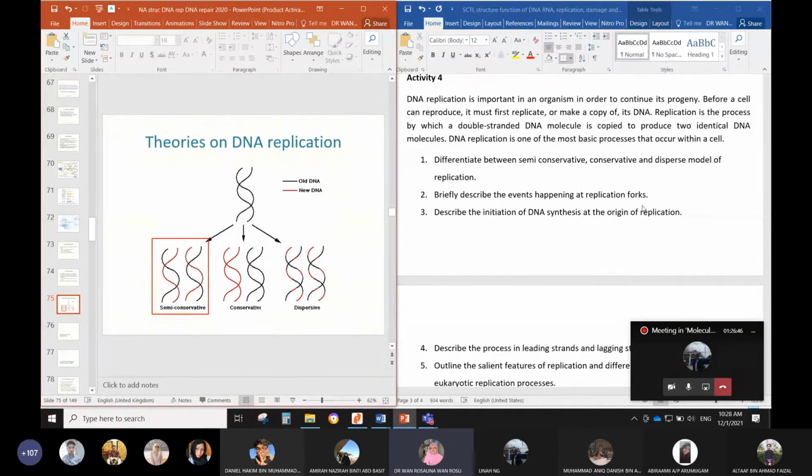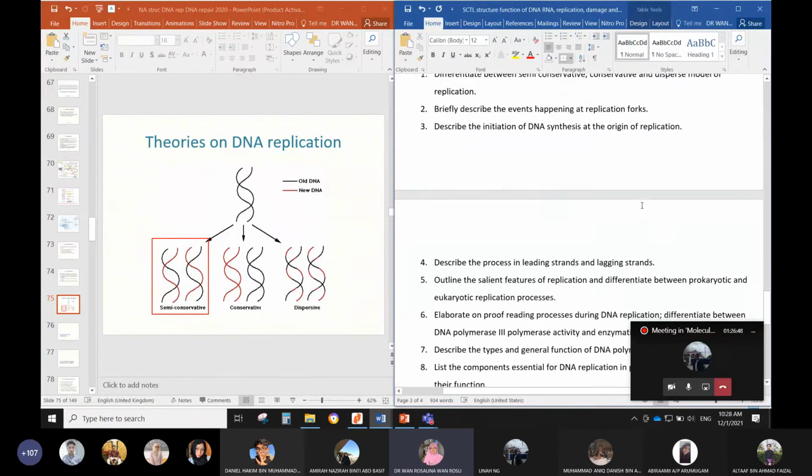All right. So, the second question, the events happening in replication forks. Anyone?